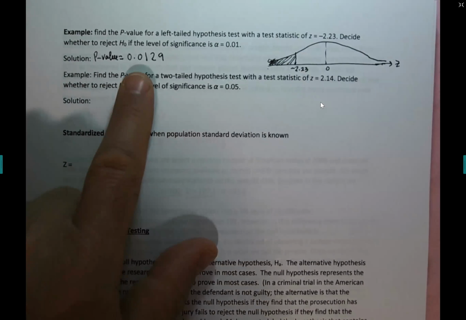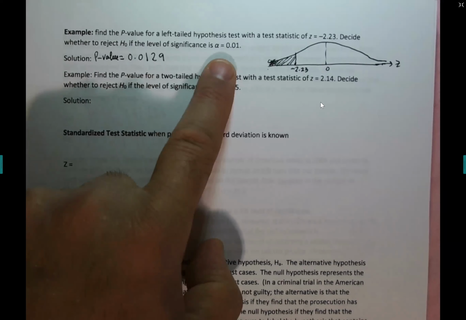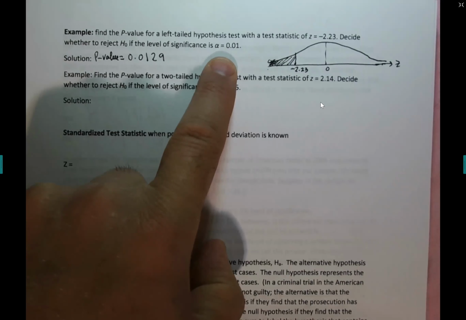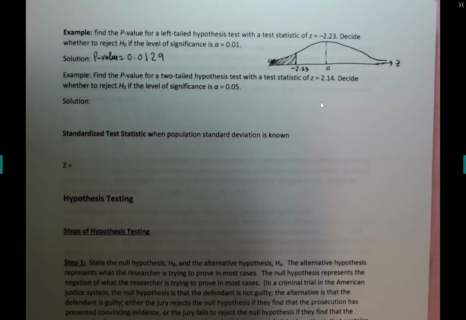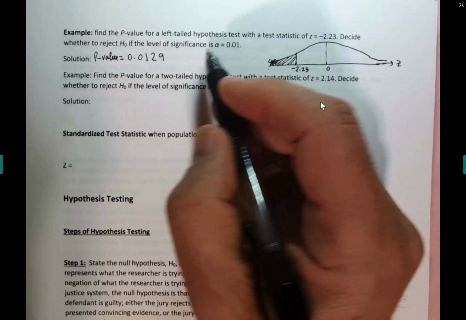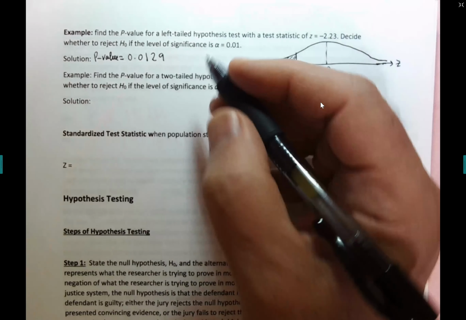Okay, can we reject H0 here, guys? Compare it with alpha. Is the p-value bigger than alpha or smaller than alpha? Bigger than alpha.